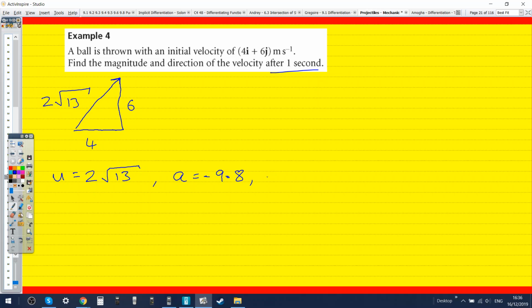And t would be 1. T is 1. But hang on, the magnitude. So what are we trying to find? We're trying to find v. Okay, what do you get there?